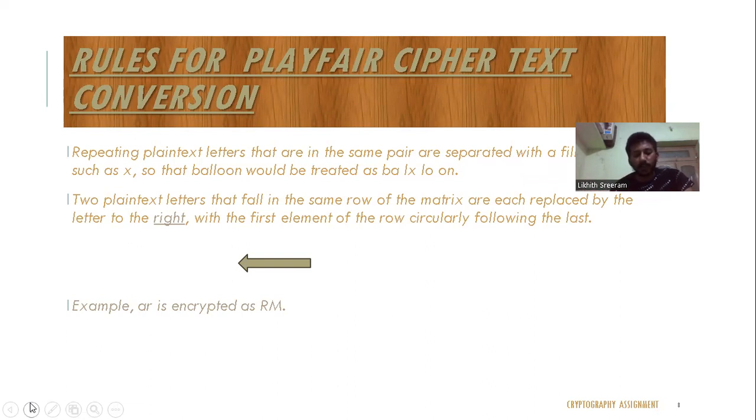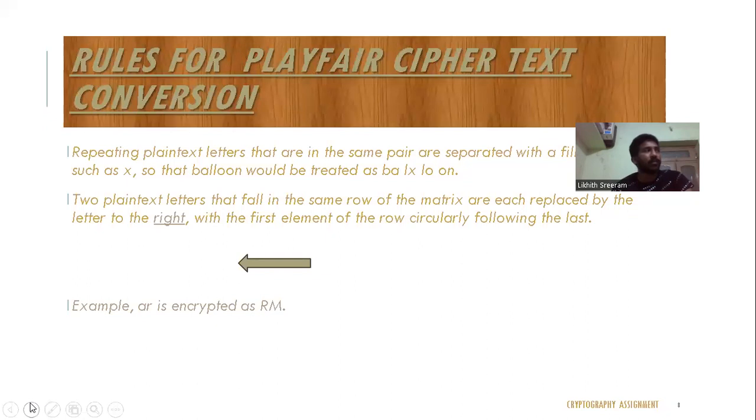Another rule is the same column: if the two letters are in the same column, they are wrapped around column-wise. Same row means they are wrapped around row-wise. And rectangle: if the two letters are not in the same column or same row, we swap the letters at the two ends of the rectangle.